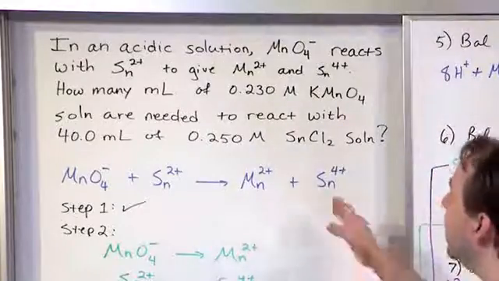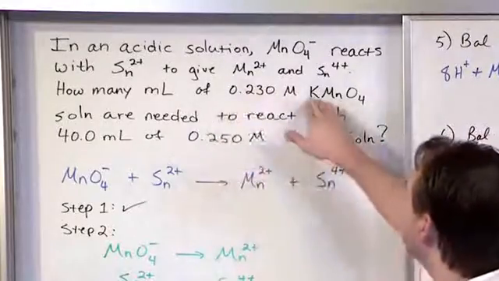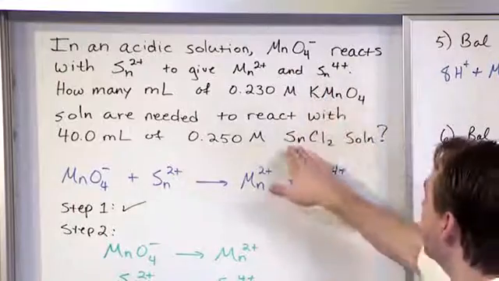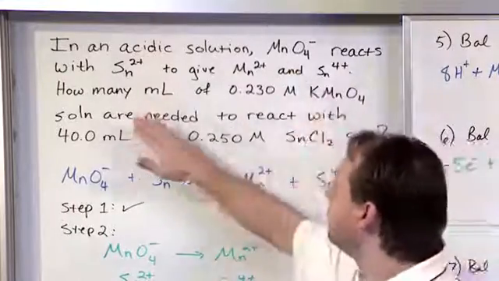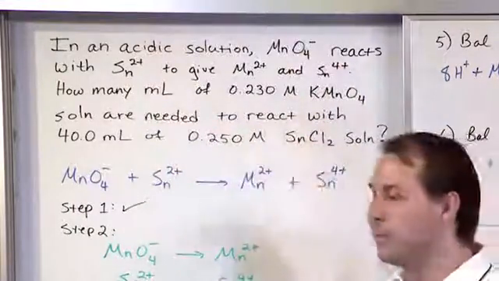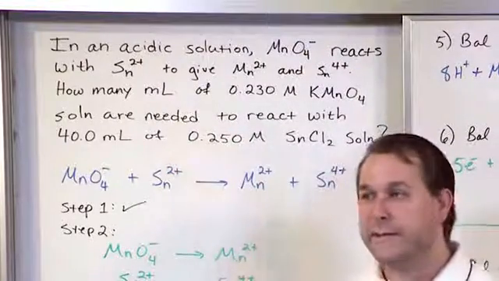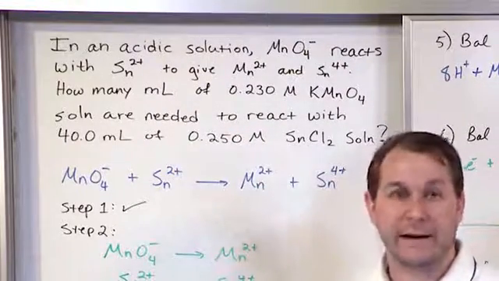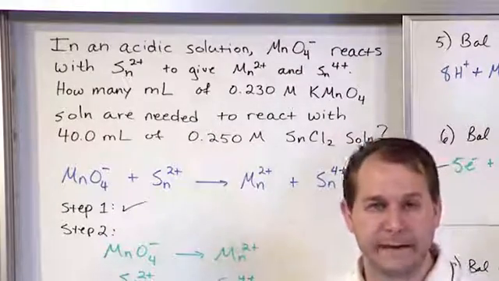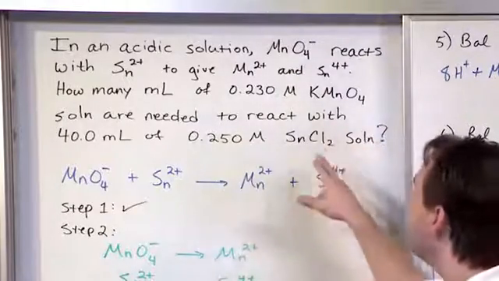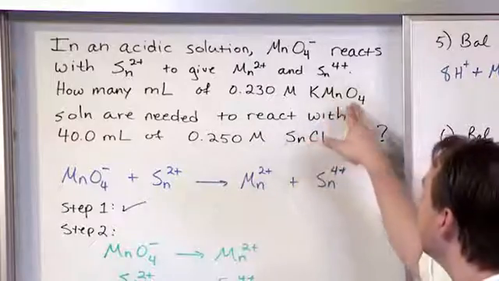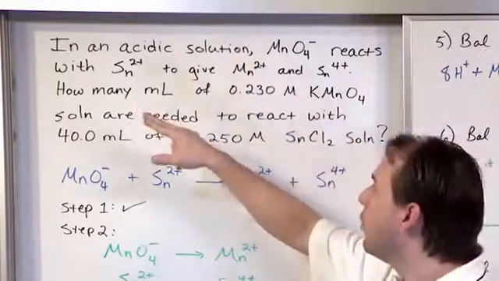It's telling you that this potassium permanganate is reacting with this tin chloride. Because your reaction doesn't involve the potassium or the chlorine, you just need to know that those are spectator ions and they're not really participating. They're just kind of hanging out there. So the relevant parts of it are the permanganate and the tin, which is all what's given here.